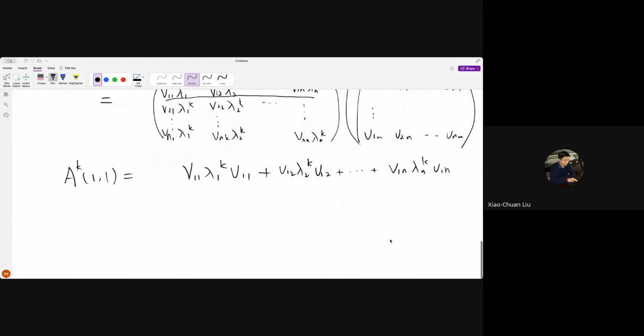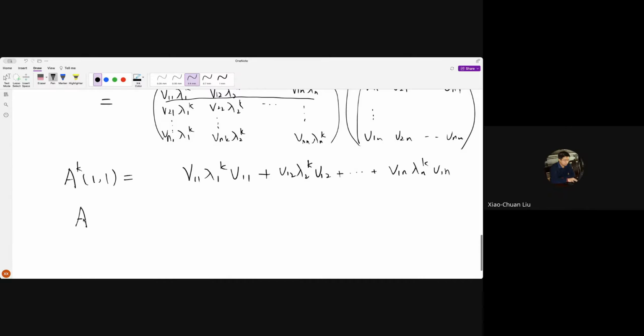Okay, so if you believe me, eventually we can prove that for any ij, a to the power of k ij will be a sum p from 1 to n. Here you get lambda p to the power of k, and here you have v_ip and v_jp.